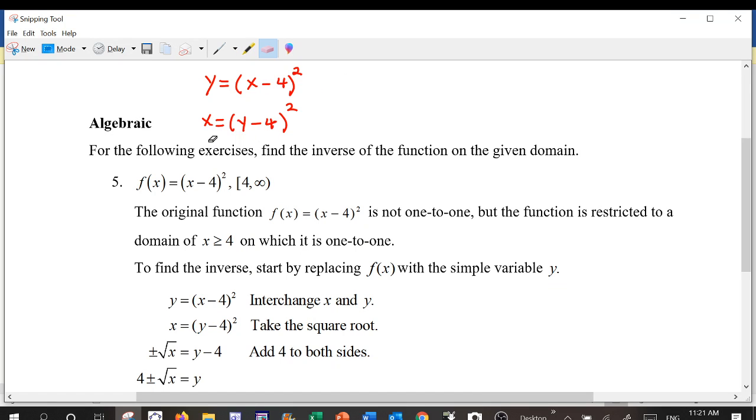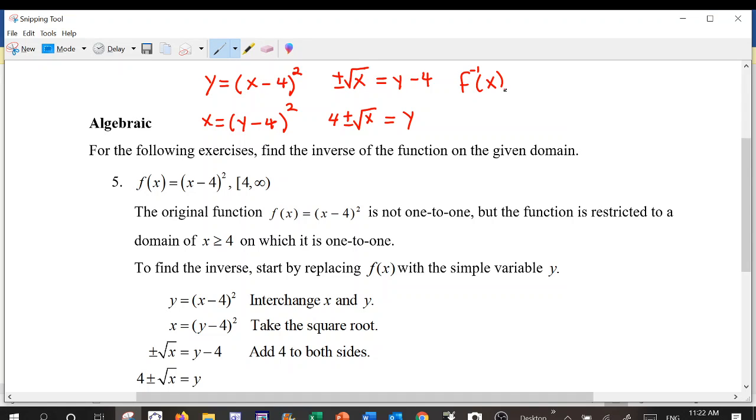So we have to take a square root of both sides. So we get plus and minus square root of x equals y minus 4. So y equals, we bring the 4 to this side, 4 plus and minus square root of x. Now the question is, what is f inverse?